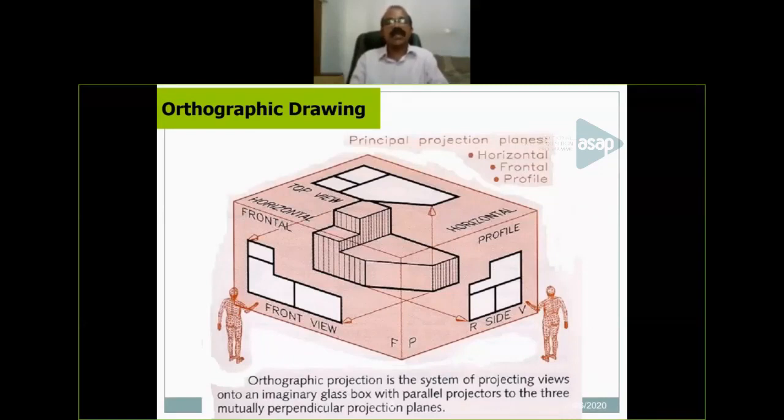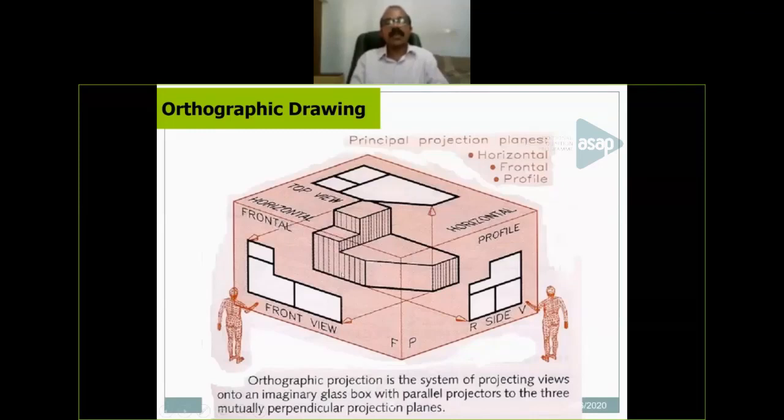See the front view. You can see the front surface only in the elevation, and here the inclined surface, that you can also see in the elevation. That is of rectangular nature, and all the other surfaces, say top surface, side surface, are not visible in the front view.